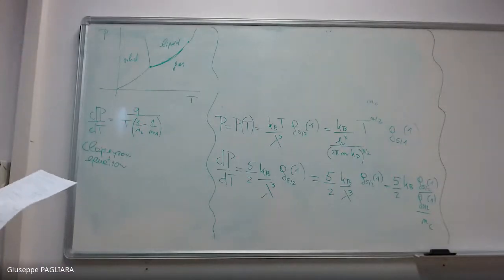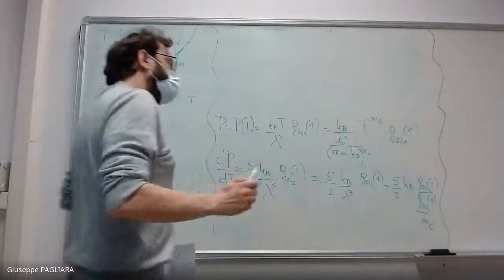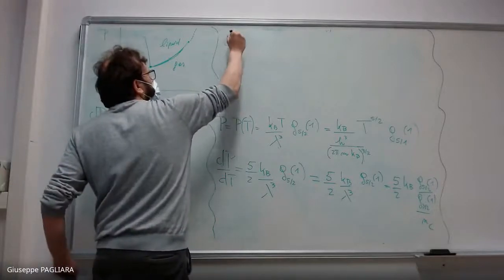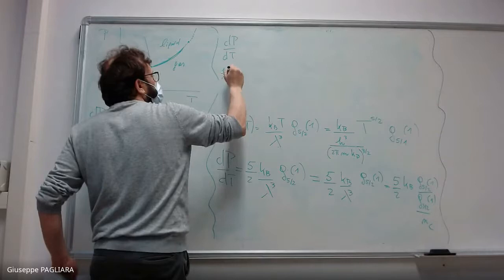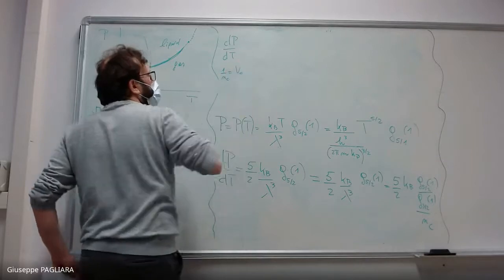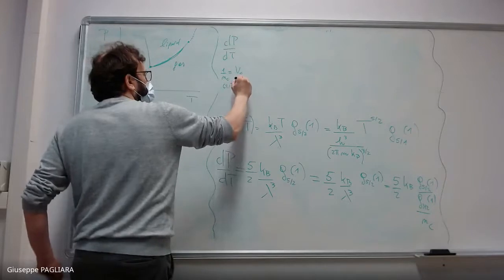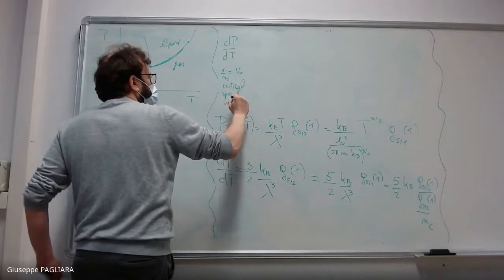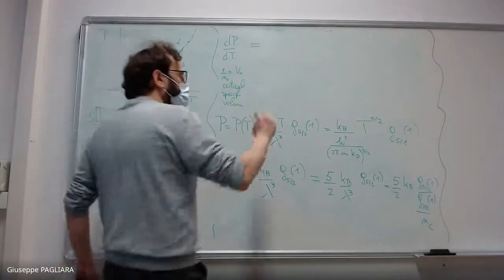Let's see if it is convenient to introduce this specific volume, maybe yes. So this dP/dT, if I introduce 1 over N_C equal to the critical specific volume, is equal to 5/2 k_B.